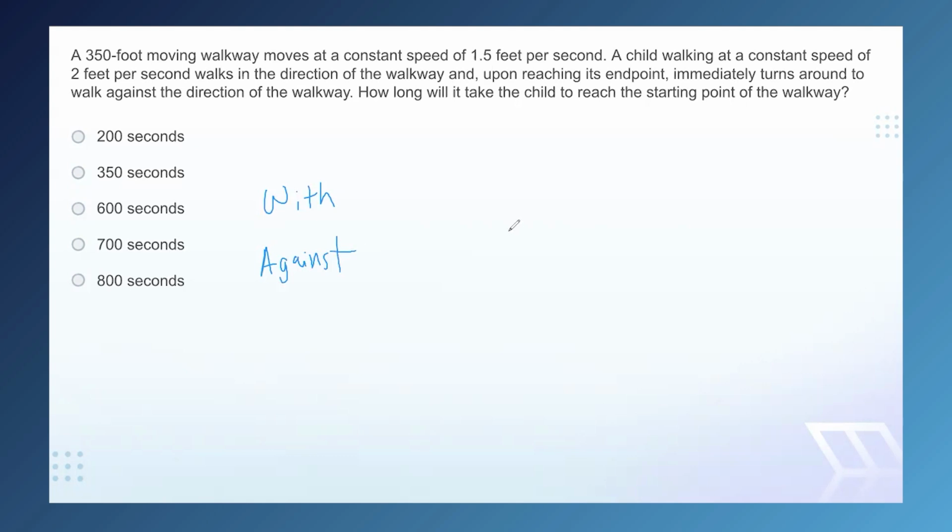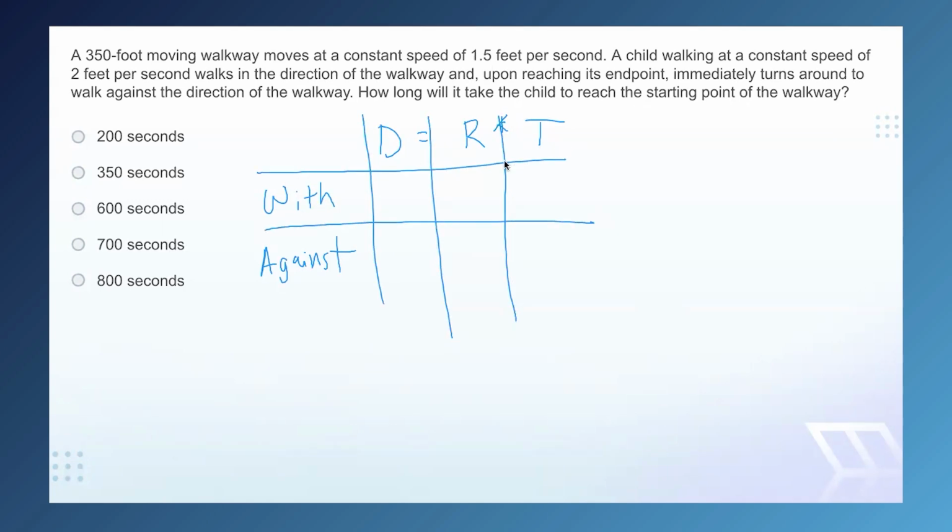Because we have multiple stages, like in the last problem, we are going to set up a rate table. Each stage in our table will cover 350 feet, or the length of the walkway.